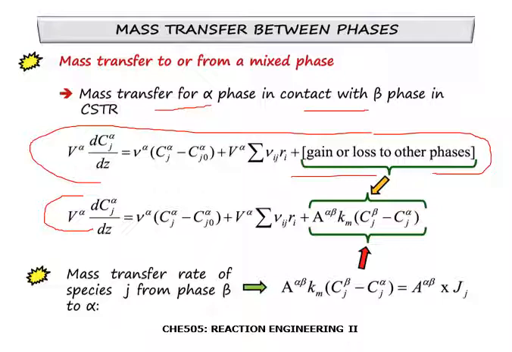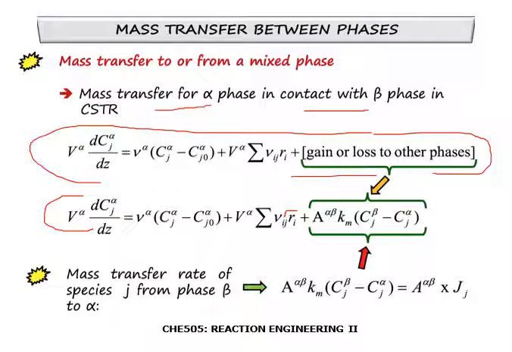Then you have to add the volume of alpha times the summation of the volumetric rates for all species from homogeneous reaction, plus this is the rate of mass transfer. So the gain or loss depends on whether the species is going to appear or disappear.